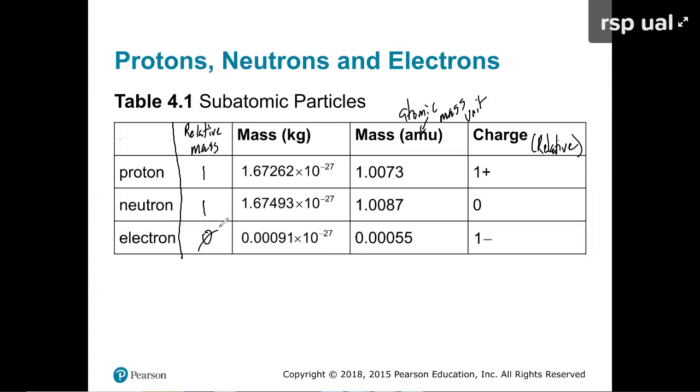Now, why go through all of this? Well, we're going to get to in a little bit the idea of something called atomic mass and mass number. And when we talk about atomic mass and mass number, we really are focusing just on the nucleus of that atom. Because ultimately, when it comes to mass, the electrons don't matter. I've got to pick up nearly 2,000 of them to match up to one proton.